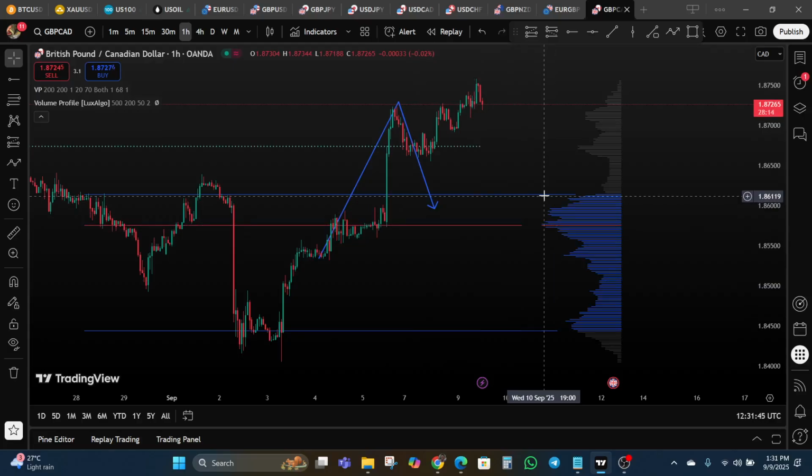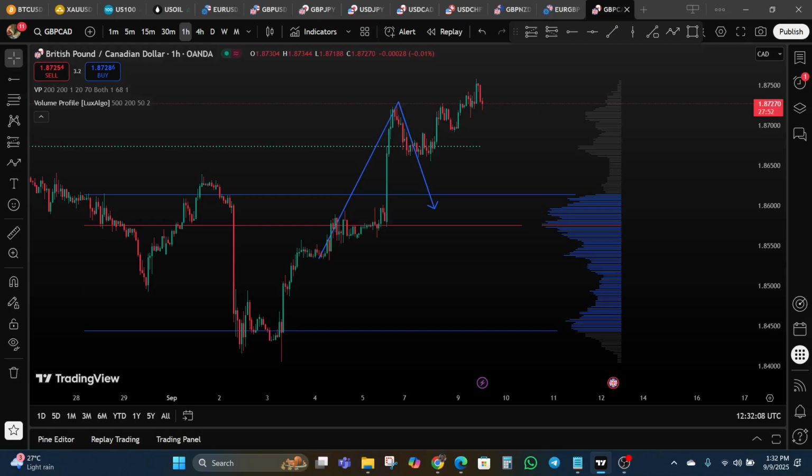Volume confirmation is key here. A reversal is more likely if you see decreasing volume approaching the POC, followed by a spike as the market changes direction. This combination makes your entry points more precise and structured. Timing your entry around POC reversals is critical.